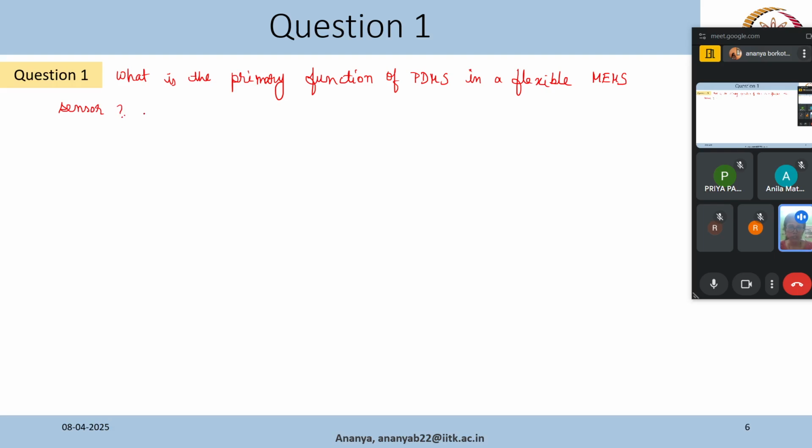Consider the example that we have discussed. We can use PDMS for multiple purposes, but consider the example that we have just discussed.